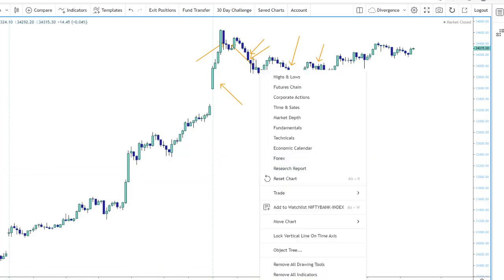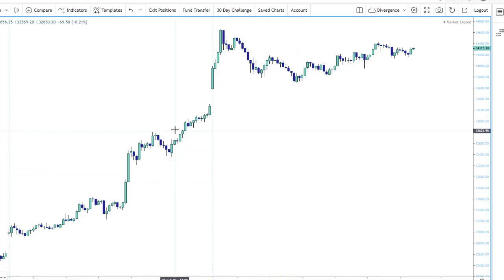So if I clear out all the drawing tools here and show you once again, there was an up move, and then a bit of correction and then a small bull wave and then a nice retracement which I was anticipating, and then a stronger bull wave, slightly weaker compared to the previous weaker bear wave, and then a stronger bull wave compared with the previous bull wave, a much weaker bear wave, and this prompted me to take the entry right above the high of this last bear bar, the tiny bear bar, and my stop loss was just below that swing low, which is somewhere around here.